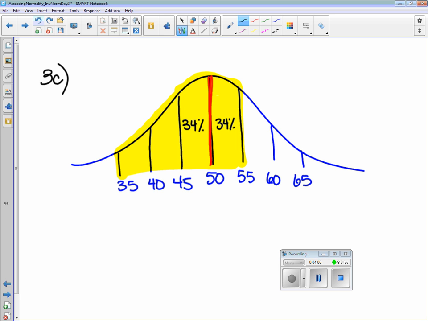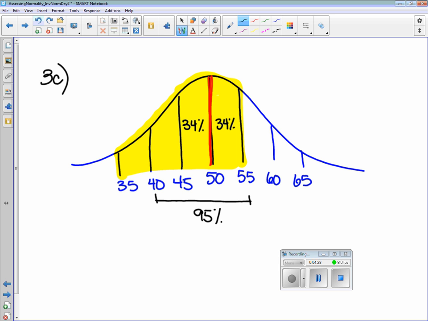And they're not 34, because that would give us a lot more than 100, which is not what I'm looking for. So how do I find the next one? What did you do? Say that louder, Charles. 95 would be between 40 and 60.